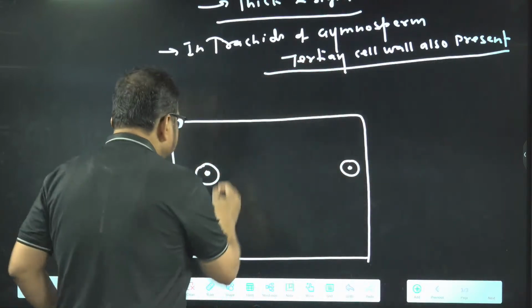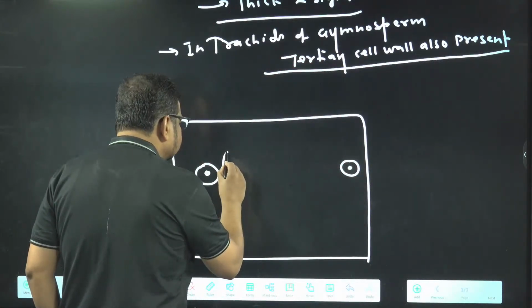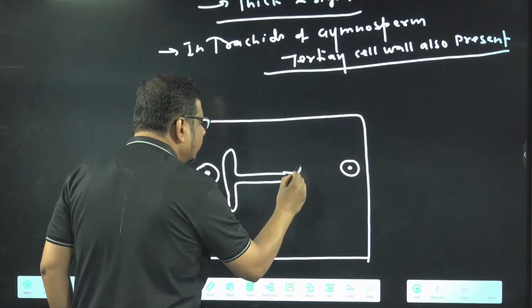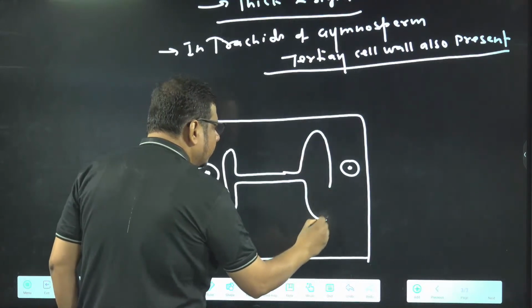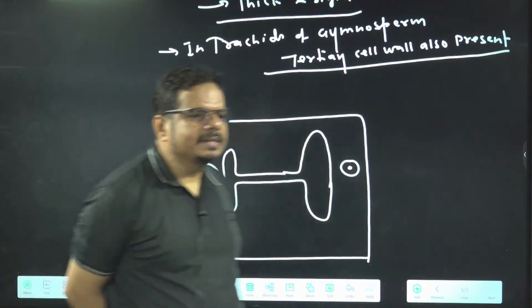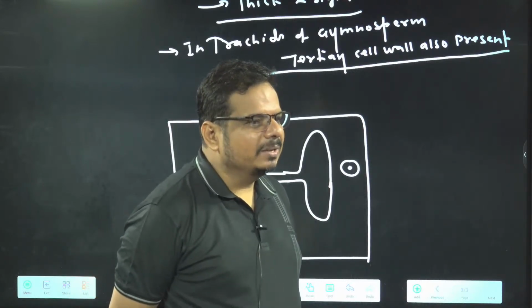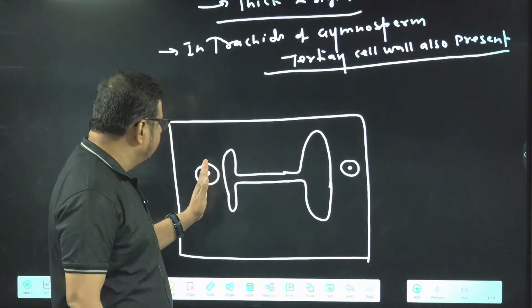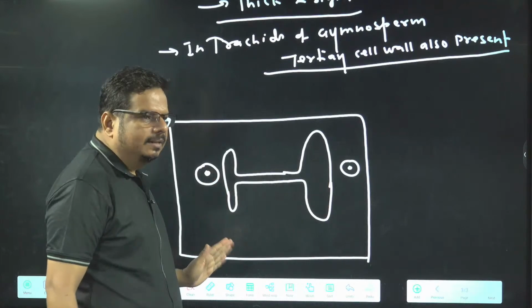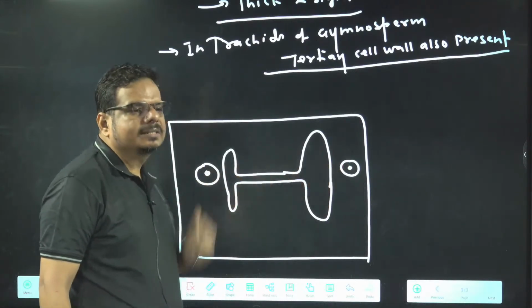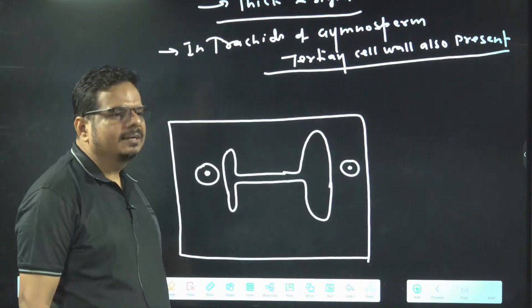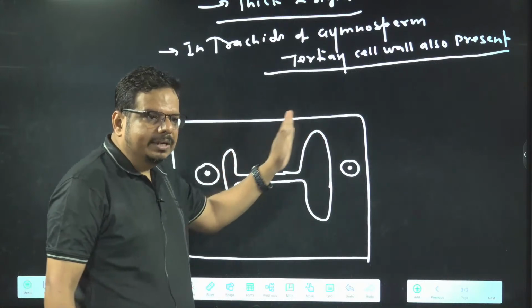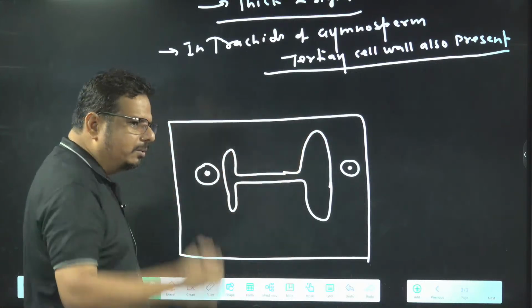The endoplasmic reticulum was present in the plant cell like this. I am telling you the mechanism. Connect with me. This is the endoplasmic reticulum that was spread all over the cell. One nucleus came this side, another nucleus came this side. Now how does the new cell wall form between these 2 cells? Look at the mechanism part.